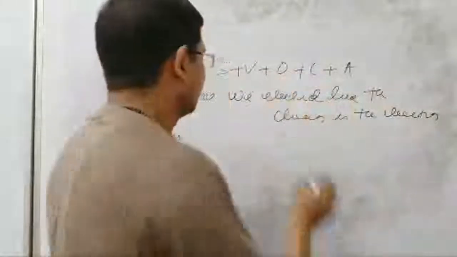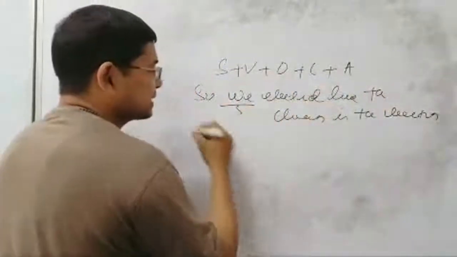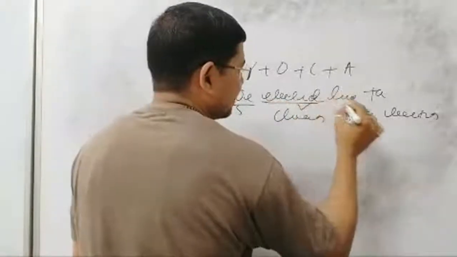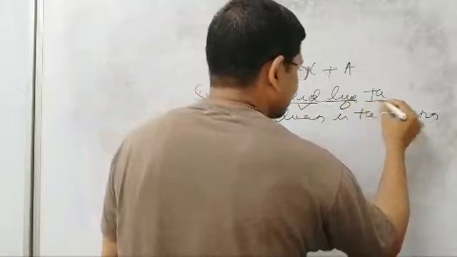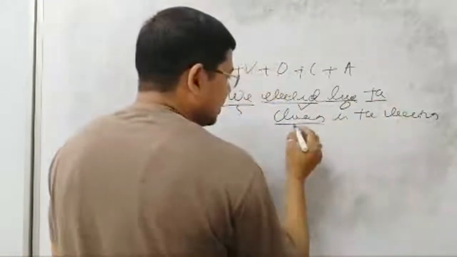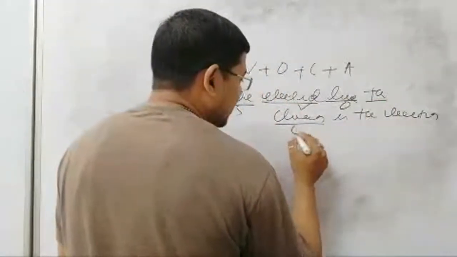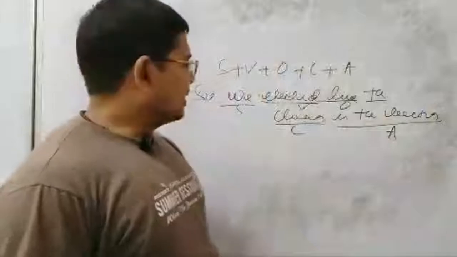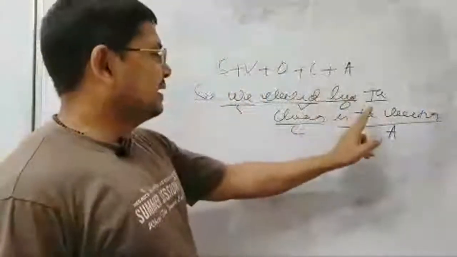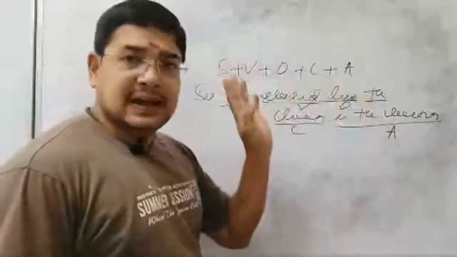Look at the sentence. We is the subject, elected is the verb, him is the object, the chairman is your complement, and in the election is your adjunct.